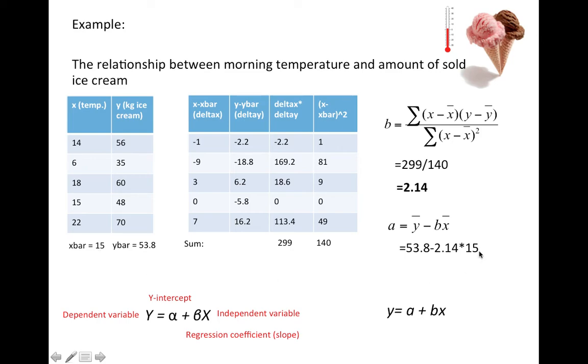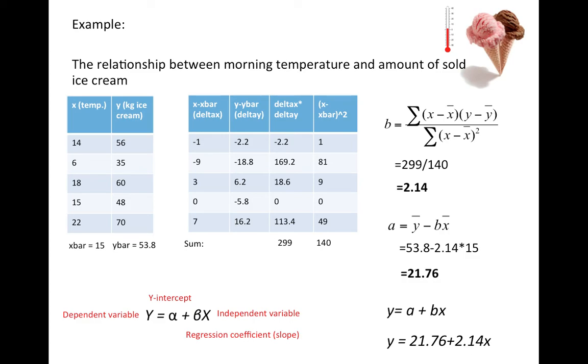And this will give us an a of 21.76. Thus, our regression equation is y equals a, 21.76, plus b, 2.14x.